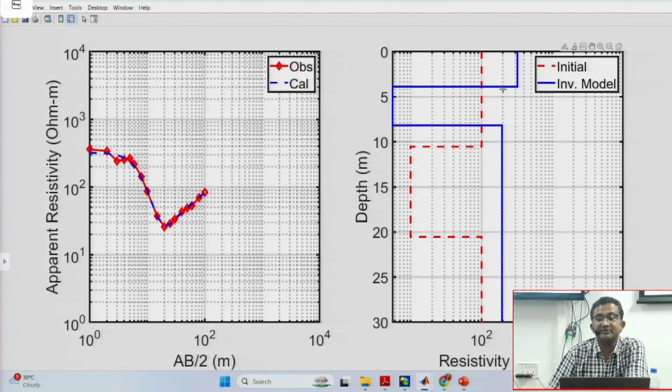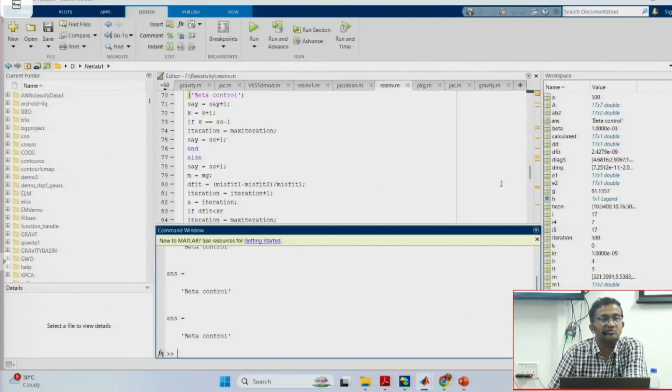So the vertical variations of the resistivity can be obtained through the damped least square based inversion, provided the given VES sounding. This is one case, and for the other data again we have to do this. This is the standard damped least square based inversion scheme to find the optimum model parameters.